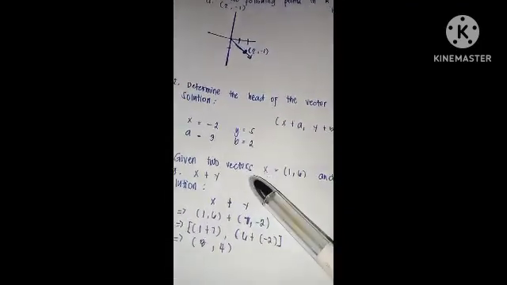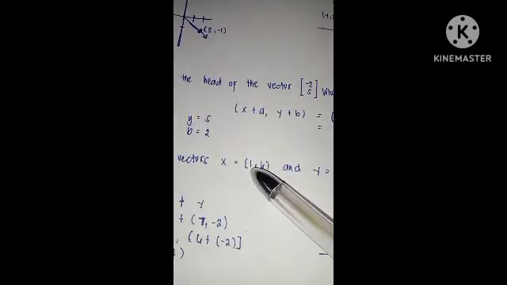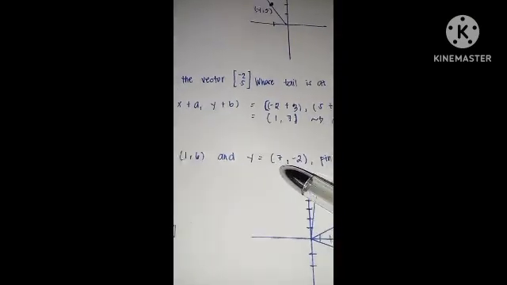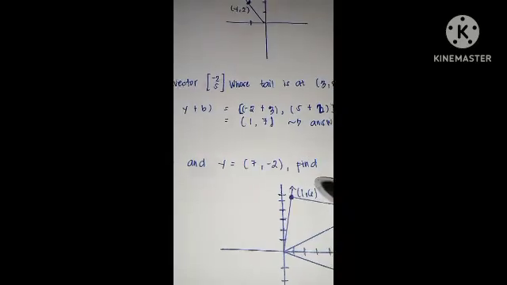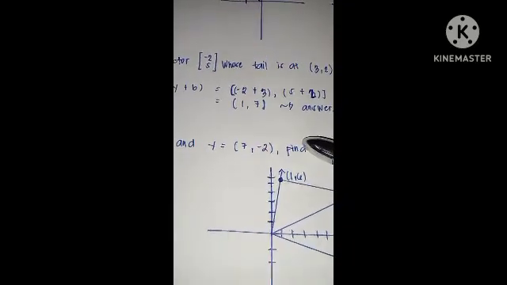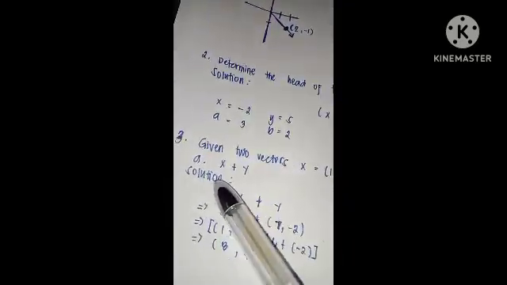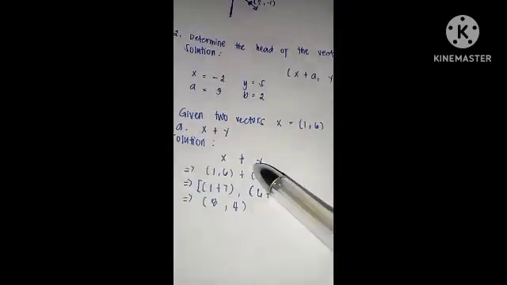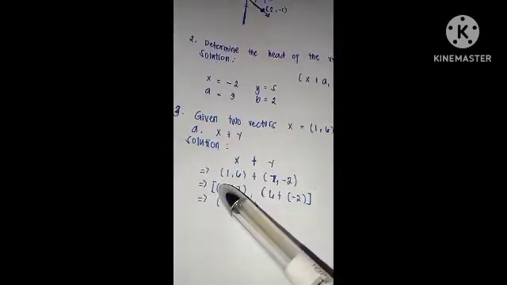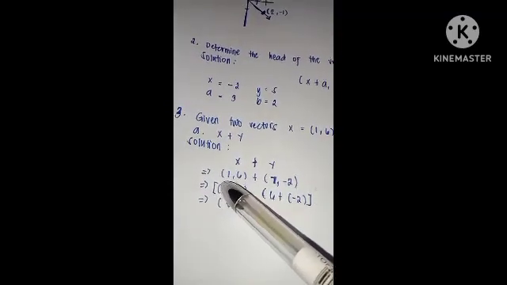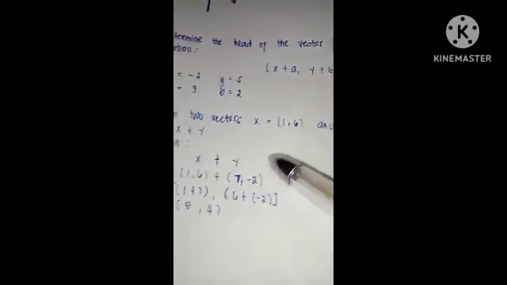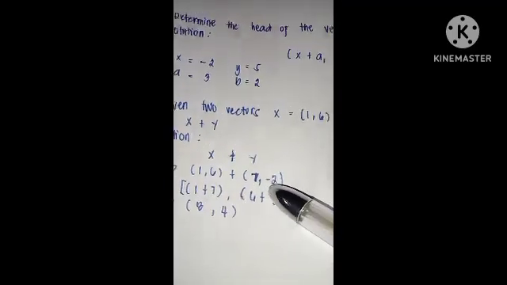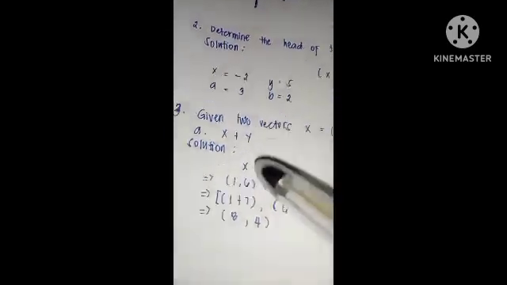Given the two vectors, x is 1 and 6, y is 7 and -2. The question is, find x plus y. The solution is, we substitute x, which is 1 and 6, and y, which is 7 and -2.